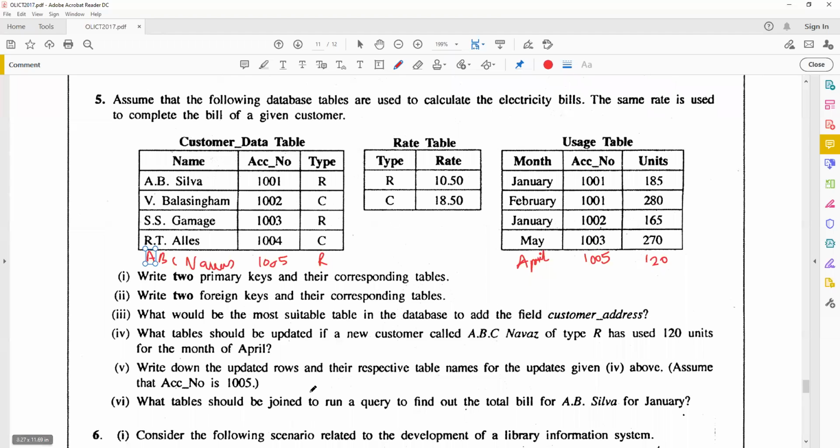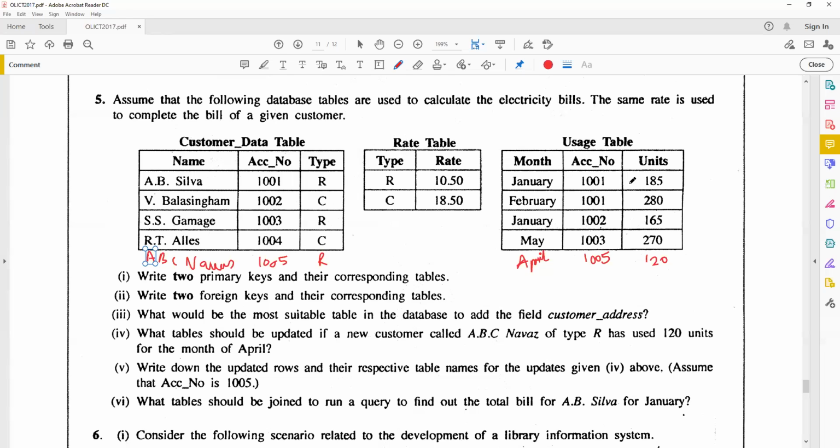Yes. So in this particular case, we have to find the total bill for AB Silva. So if you go to the first one, AB Silva, we will get the account number from here. So you need this table. And then with that, you go here, for month January, there are 185 units used. So that is a usage.